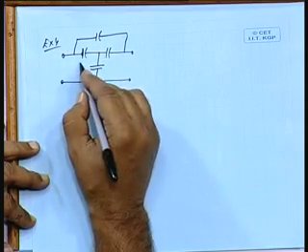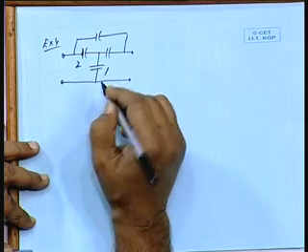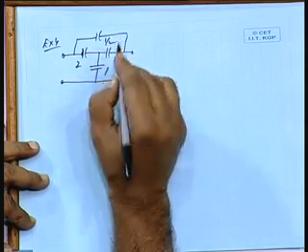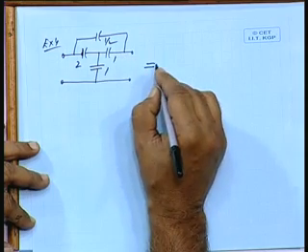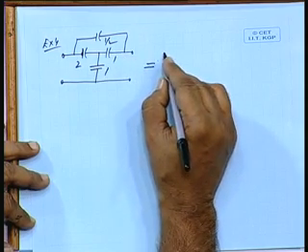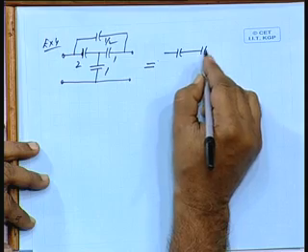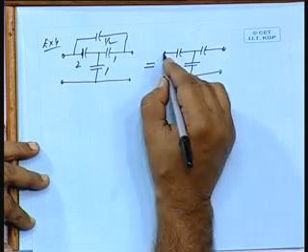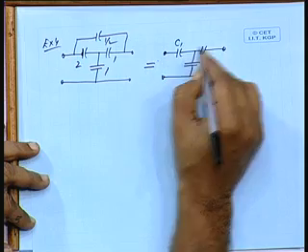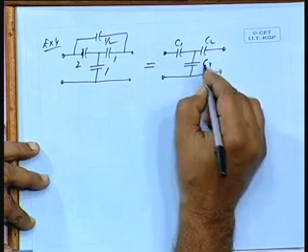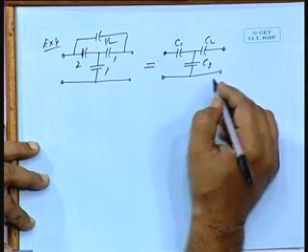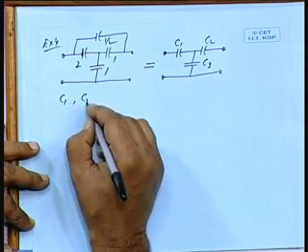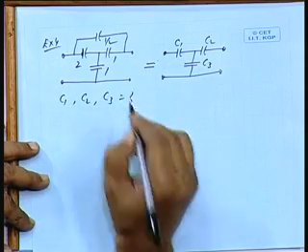The values here are in farads: 2 farads, 1 farad, 1 farad and half a farad. This is equivalently expressed as a star, C1, C2, C3. What would be the values of C1, C2 and C3?